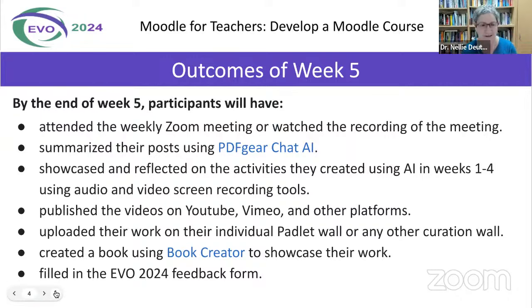That's your first activity. The second one is to summarize all your posts from weeks 1 to 5. No need to do the pre-course week. Weeks 1 to 4 are fine, with a tool called PDF Gear Chat AI.